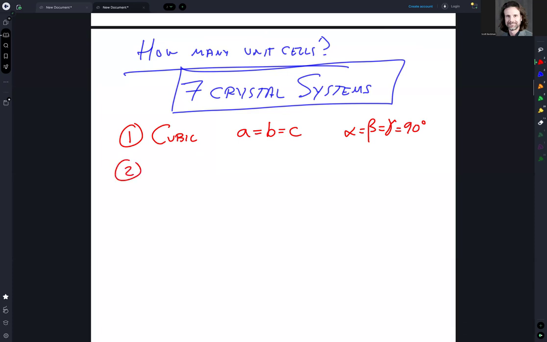Two, we can have a hexagonal, and that is A is equal to B is not equal to C, and you have alpha equals beta equals 90, gamma equals 120 degrees.